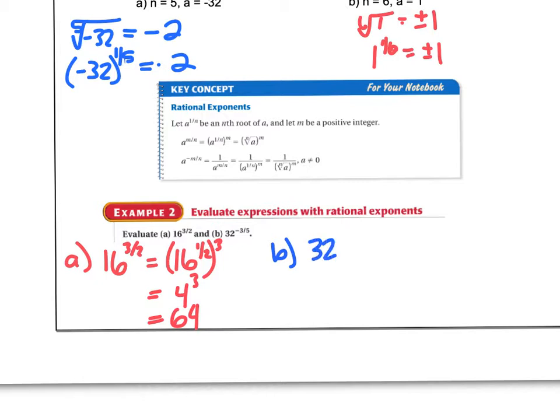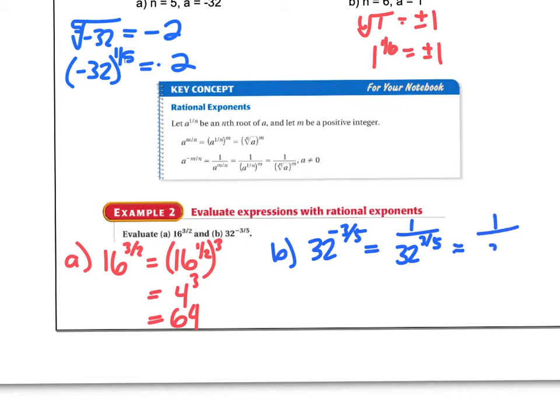We have 32 to the negative 3/5 power. And so we have a negative exponent, and you know how to get rid of that. You throw the base number into the denominator and make it now a positive exponent. So you have 1 over 32 to the power of 3/5. And now break up that rational exponent into its index or root.